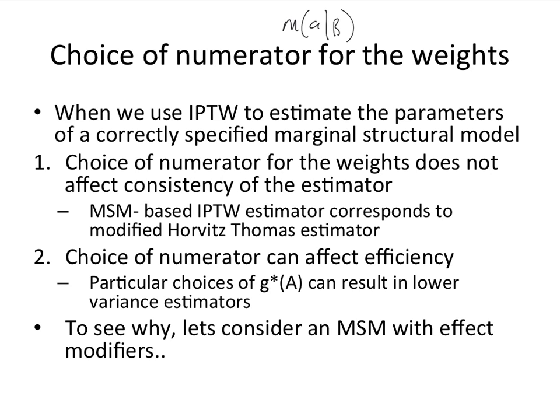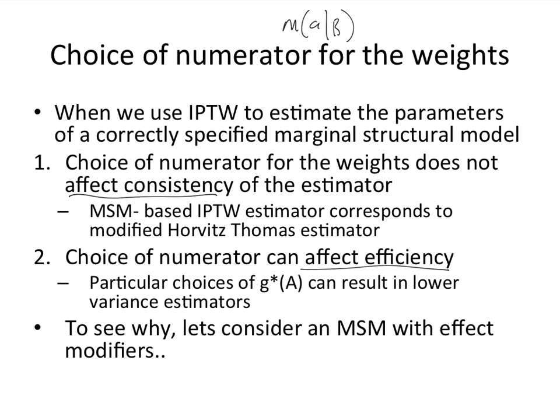So it doesn't affect, at least, the bias of the estimator. That goes away if the model is not correct. Then it actually really affects what the parameter is. But for now, assuming I got the model right, it does not affect the consistency, but it can affect efficiency.